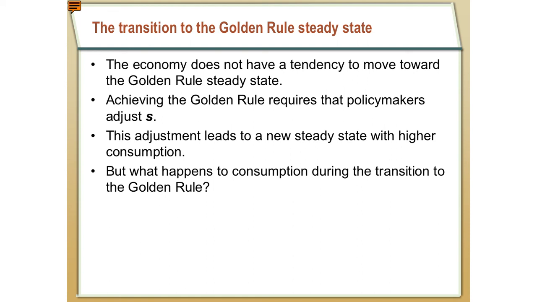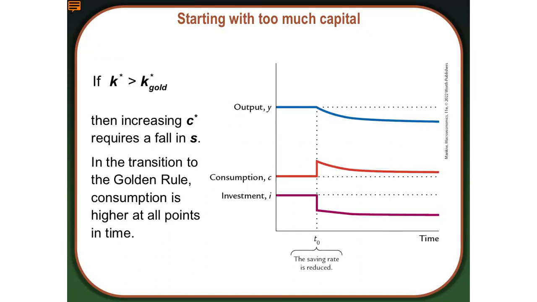So it's interesting to look at what happens to all of these different variables as we transition from one steady state to the next. So let's say policymakers are able to identify the golden rule level of capital and they create incentives to get us there. What is that going to look like? To analyze the dynamics of a macroeconomic model, we use a very common type of graphical representation.